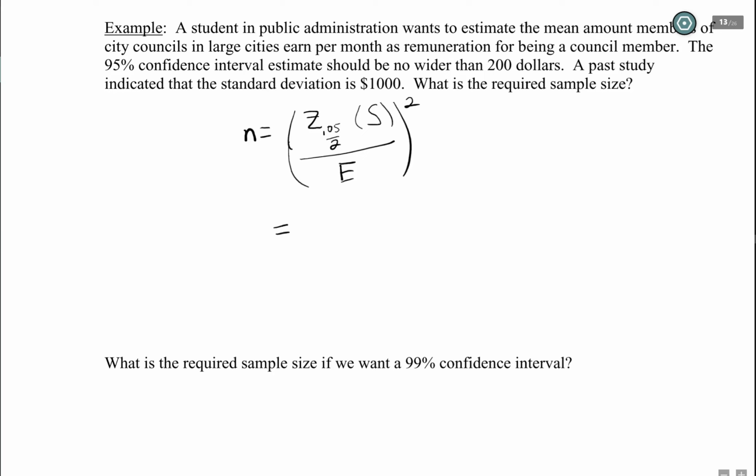Okay, that Z value is 1.96. I've got a 95% confidence interval. S here is estimated from a pilot study, or in this case, I'm sorry, a past study. The past study suggested a standard deviation of 1,000.